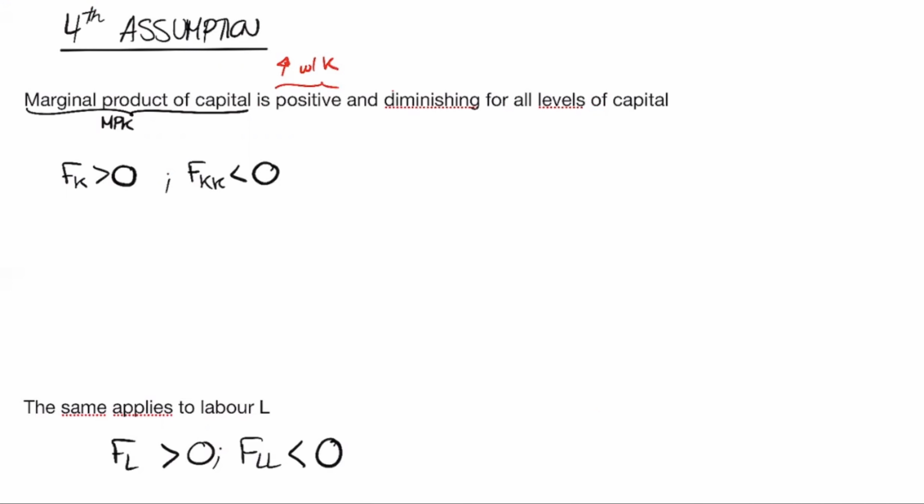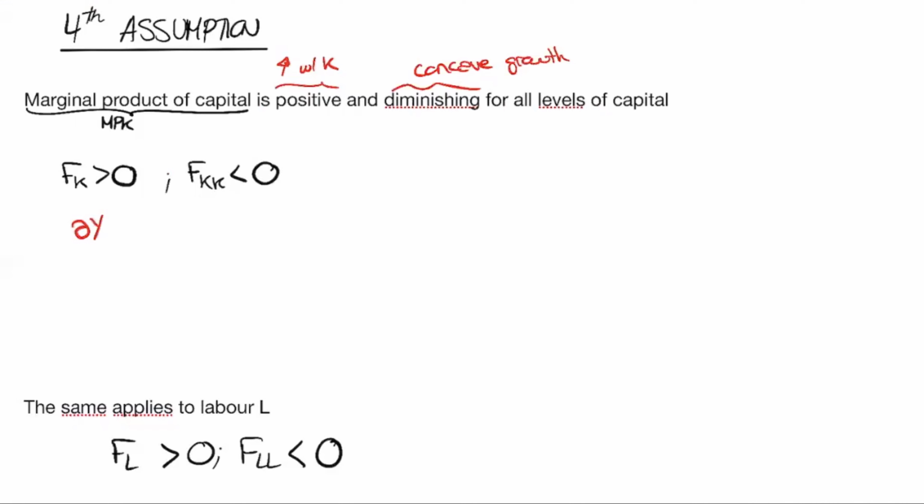So it has a concave growth. And so mathematically, we would write that F_K is bigger than 0, while F_KK is lower than 0, smaller than 0.